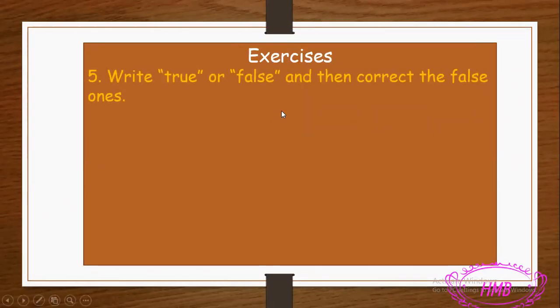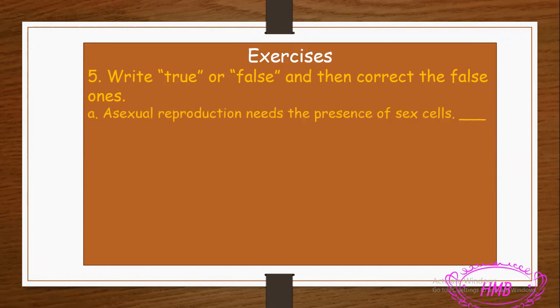Write true or false and then correct the false ones. We have sentences. If they are wrong, we will write false. If they are correct, we will write true. And the false ones, we will correct them. Asexual reproduction needs the presence of sex cell. Presence of sex cell, meaning I must have sperm and ovule.